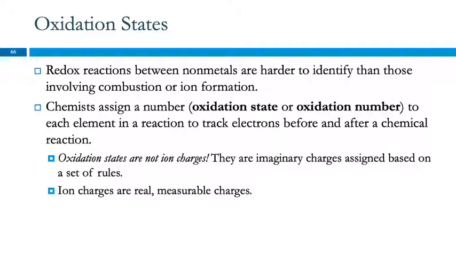Ion charges are real, ion charges can be measured. Oxidation states are made up. So they're sort of pretend ionic charges. And what makes it kind of confusing is that oftentimes if something has an ionic charge, that charge is the same as the oxidation state.